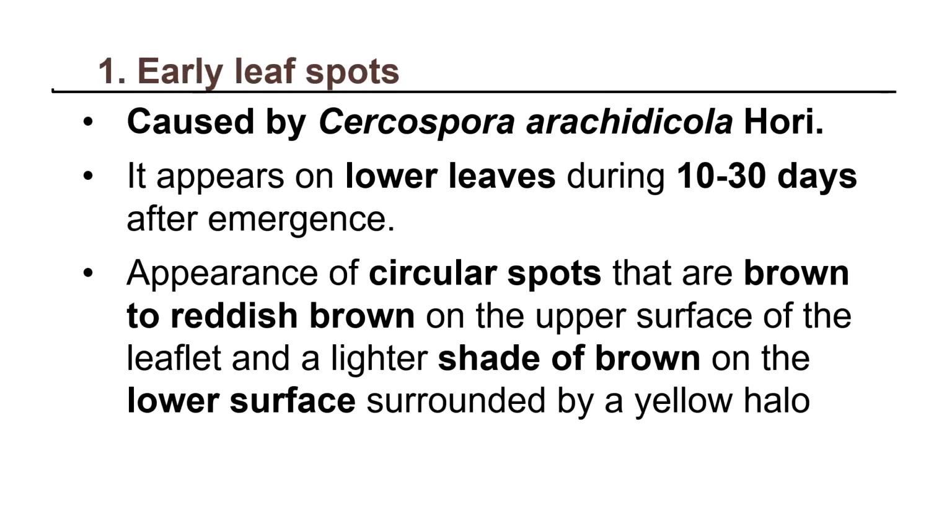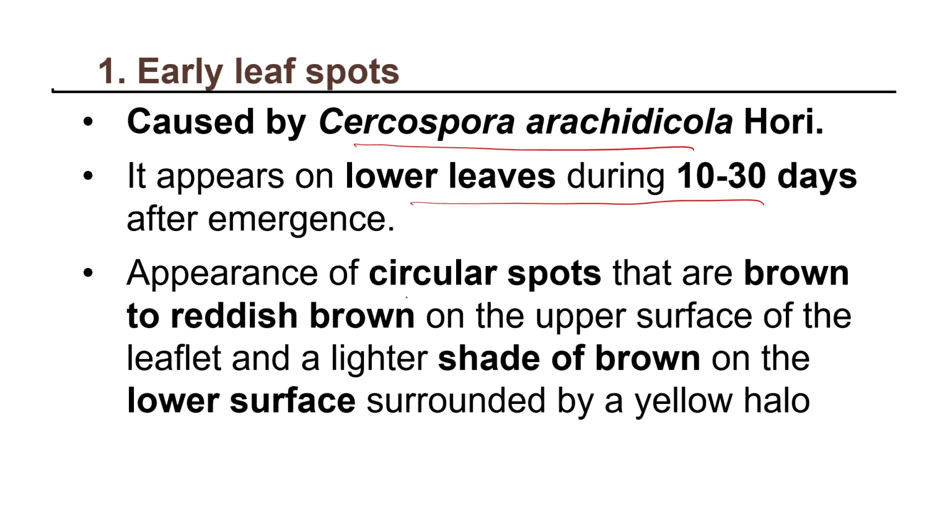So, early leaf spot is number one disease. It is caused by Cercospora arachidicola, or it is also called as tikka disease of groundnut. It appears on lower leaves during 10 to 30 days after emergence.